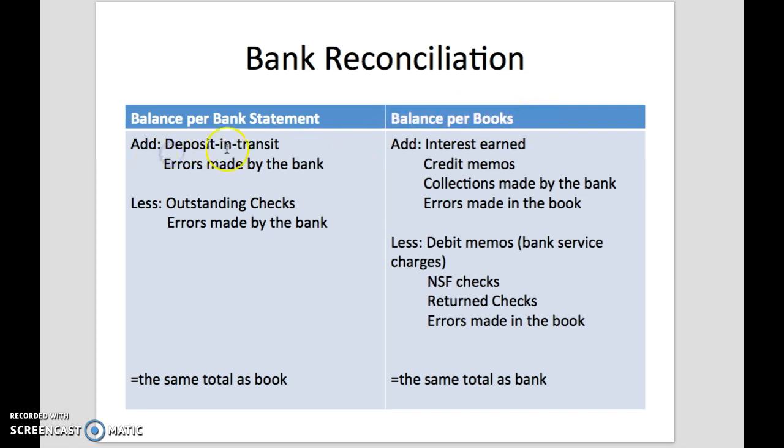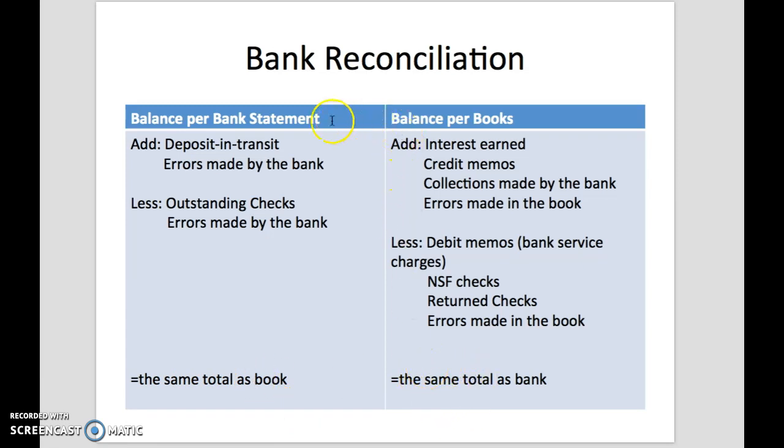Now, in this gray portion, the add and less here are the adjustments that you have to make considering the time delays in the recording of cash. And here at the end, your goal is to have equal values for the cash in the record of the bank and cash in your own record.